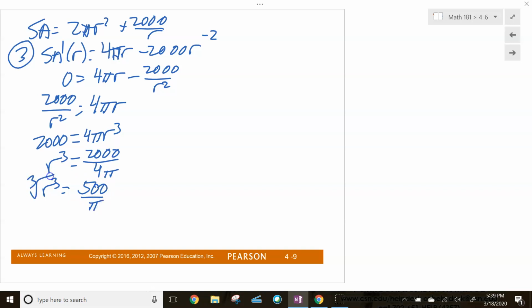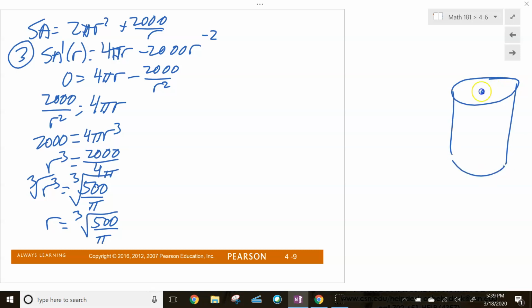Now I'm taking the third root. The third root of 500 over pi is what our radius needs to be to use the least amount of material.